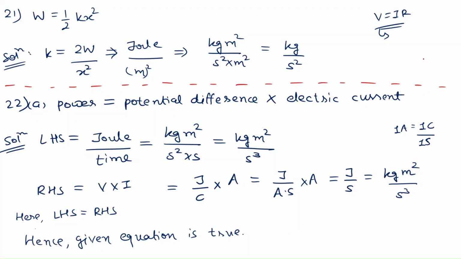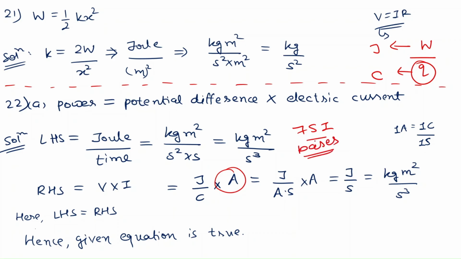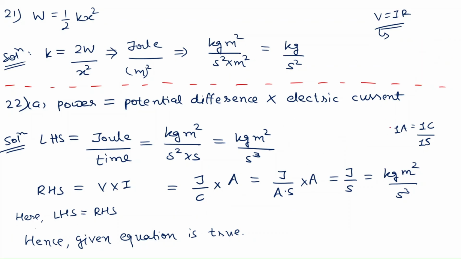So work has the unit joule, and Q is charge, which has the unit coulomb. Now put that here, and I means ampere. Ampere is one of the 7 SI base units, but coulomb is not among the 7 base units, so you have to convert coulomb into ampere. For that, you have to understand how to define 1 ampere.